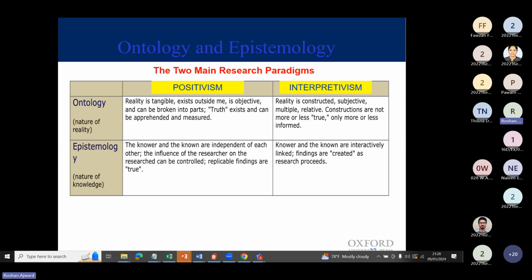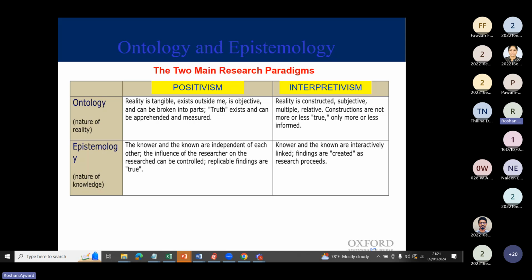So we discussed the 5 types of research designs as well. Then I took some time to explain causality, cause and effect.